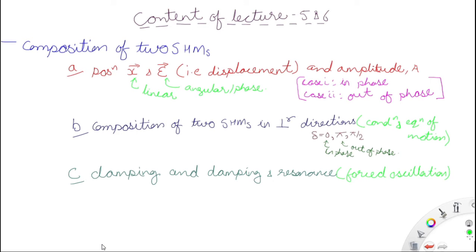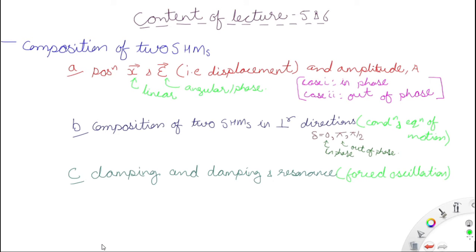So the composition of two simple harmonic motions means a particle under the action of two forces, and both the forces are causing simple harmonic motion. Under that case we will see the linear displacement and the angular displacement of the particle, and also the amplitude of the oscillation.